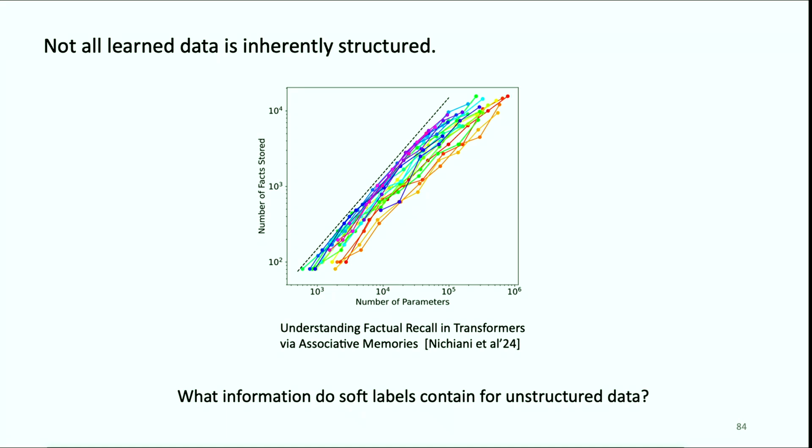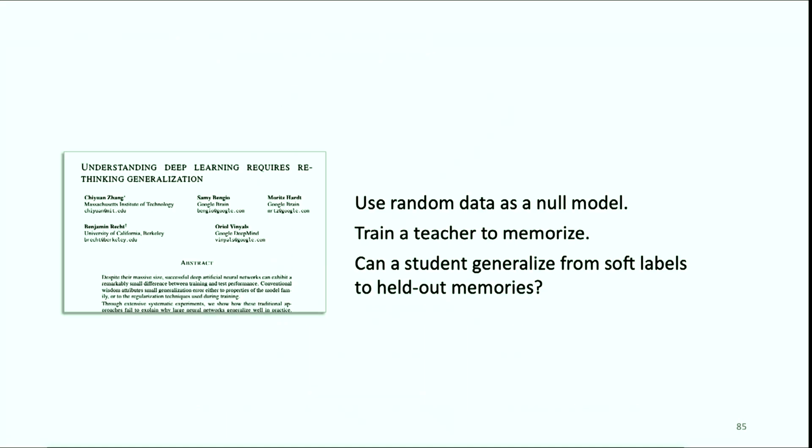In this work, what we did is we looked at random data, which you can actually only memorize, as the null model to test what happens when you have no structure and your data is a priori independent.